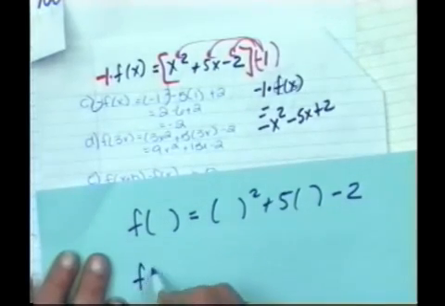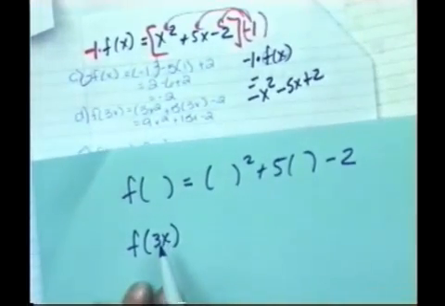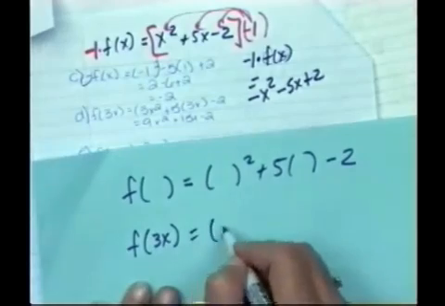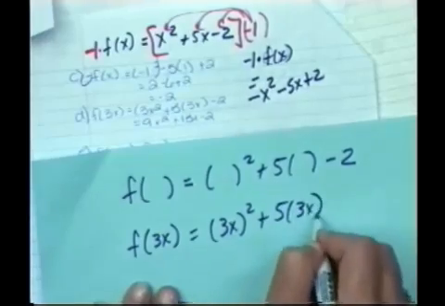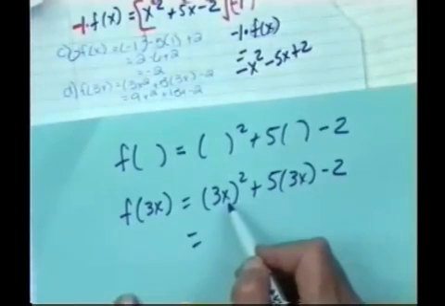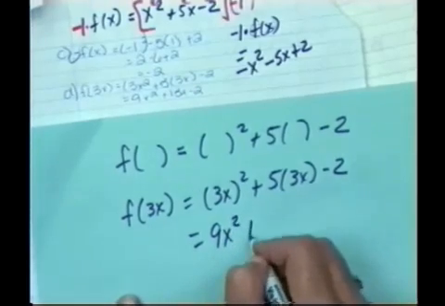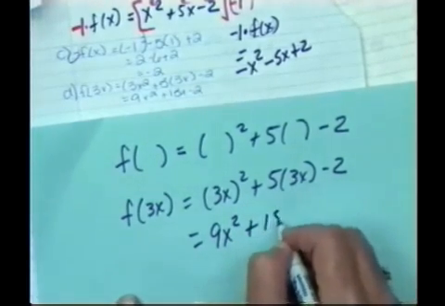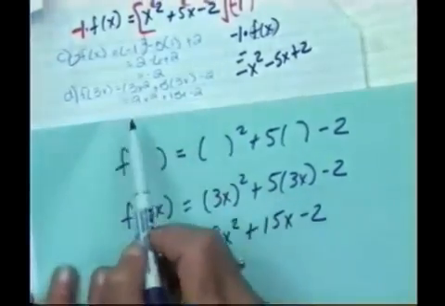So if you need f of 3x, where are you going to put the 3x? In the parentheses. Okay, what happens when you square 3x? 9x squared. 9x squared plus 5 times 3 is 15, 15x minus 2.